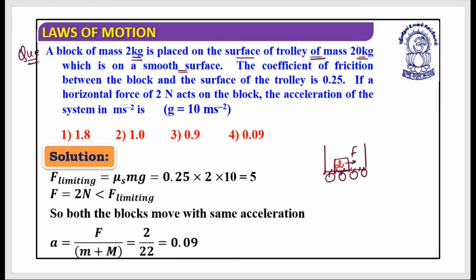So let's find the maximum friction acting on this block. That is f limiting, which is mu s into m into g. This is 0.25 multiplied by 2 multiplied by 10, which comes to 5 newton. Now I have applied a horizontal force of 2 newton.